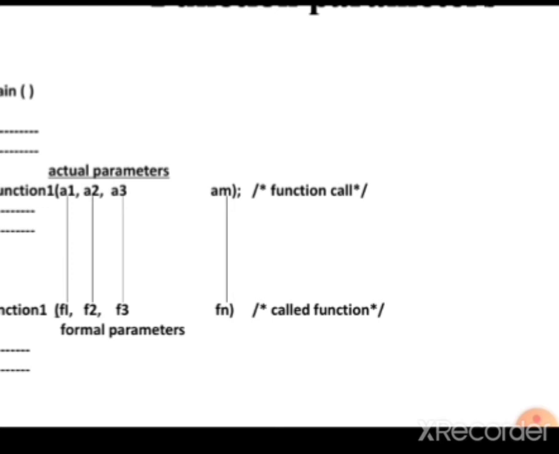Like that, the second parameter of the function definition is assigned the value of the second parameter of the function call, and so on. So a copy of a1 is passed to the function definition, a copy of a2 is assigned to formal parameter 2, and a copy of the third parameter value is assigned to the third parameter of the function definition.